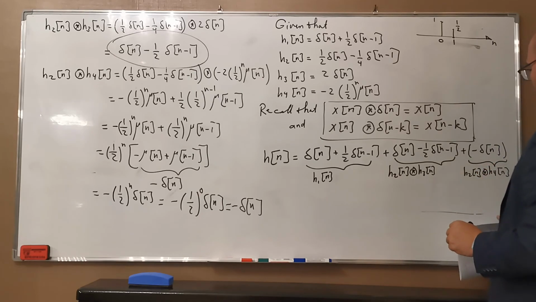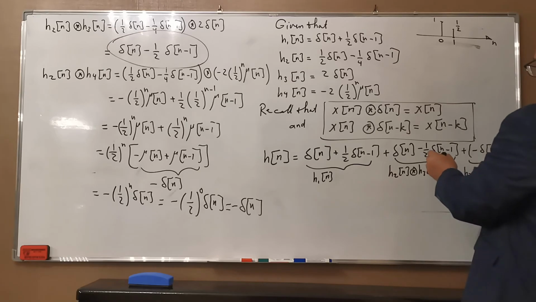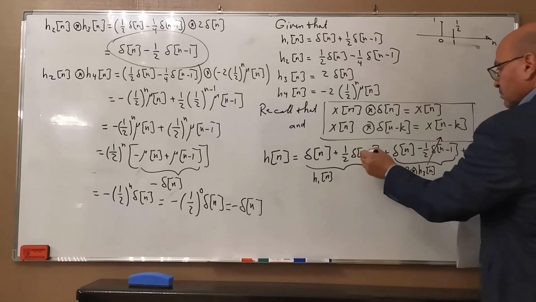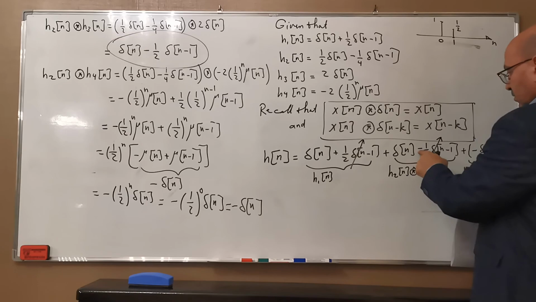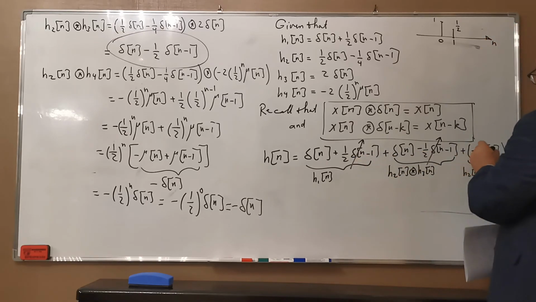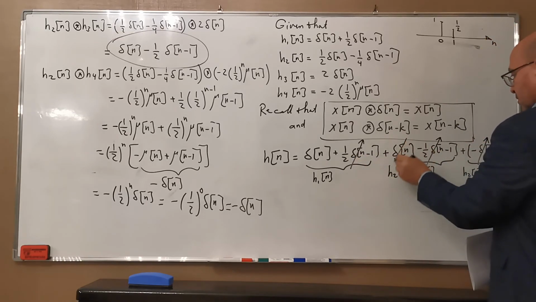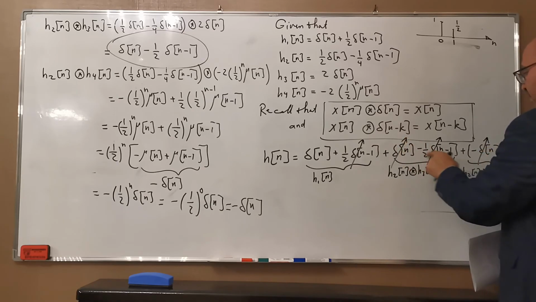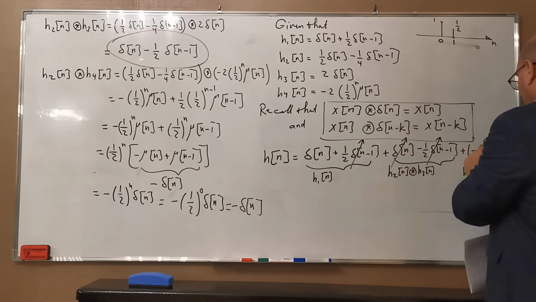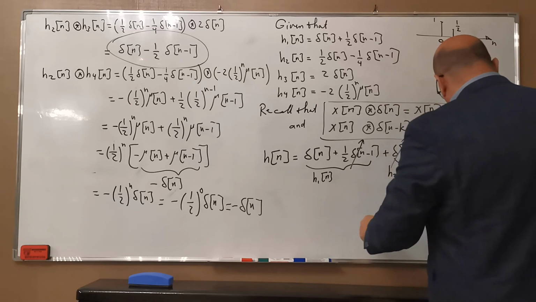Now look at this. You have minus delta at minus 1, minus 1/2 plus 1/2. You have minus delta here with this one, so this one cancels with this one.